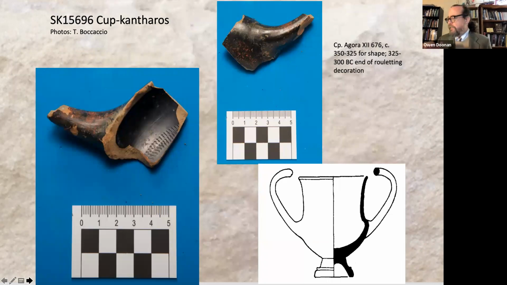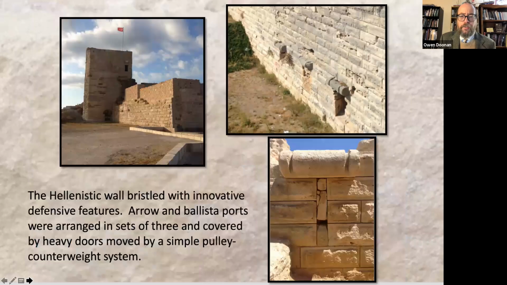The construction fills, for the most part, are dominated by ceramics datable to the last quarter of the 4th century and the first quarter of the 3rd century. And Jane and I will be publishing the redating of these materials in our collaborative volume that I mentioned at the outset of the talk.